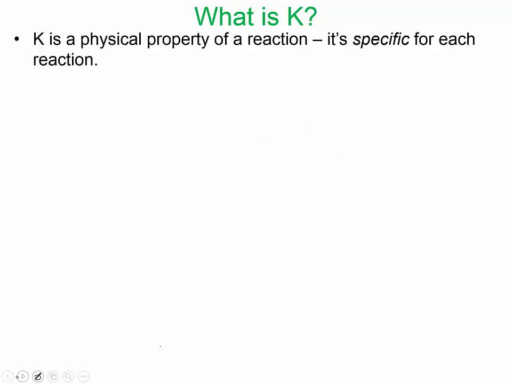Reactions that you see go forward and backward are going to have their very own value for K. This is important, and it's a very simple bullet point here, but it's probably the most important thing to remember about equilibrium: it's a ratio of concentration or partial pressure of product to concentration of reactant at equilibrium.